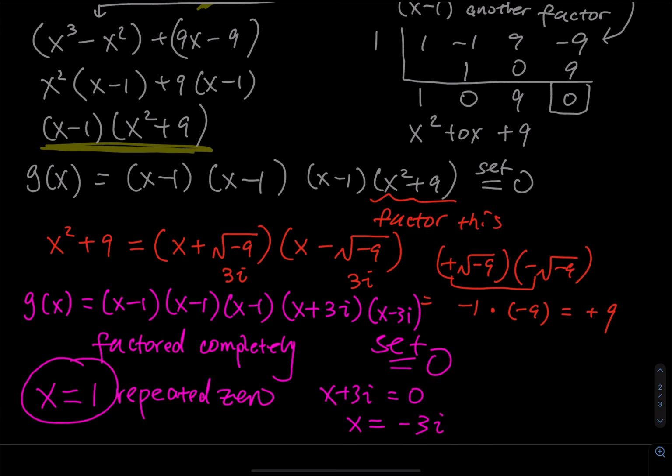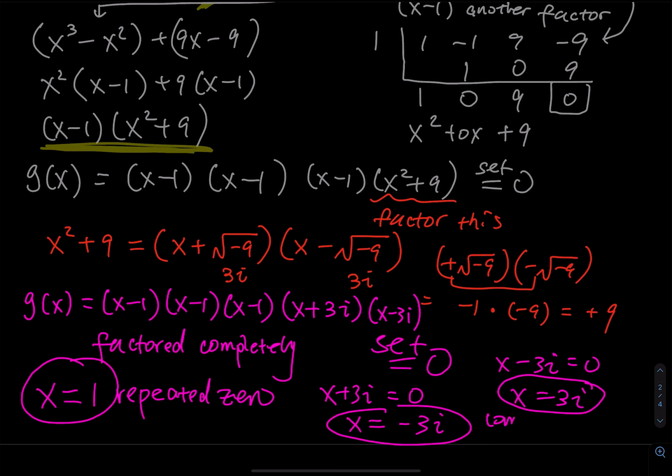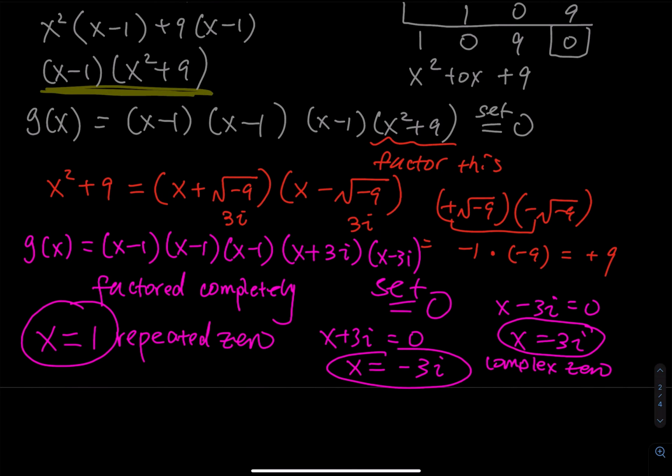So x equals 1, x equals negative 3i, and then x minus 3i equals 0, x equals 3i. So you have two complex zeros. Complex zeros have different names: complex zeros, complex solutions, complex roots.